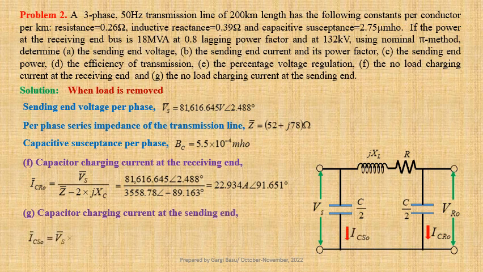I_CSO equals to Vs into half of j times Bc, that is equal to I_CS. We have computed I_CS equals to 22.4446 ampere at an angle 92.488 degree.